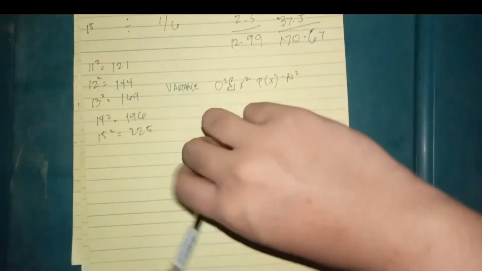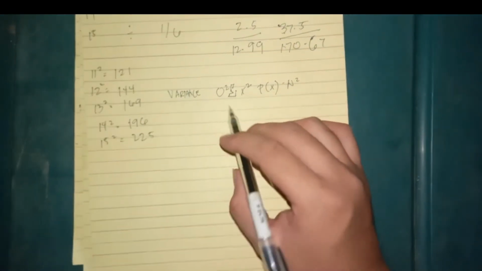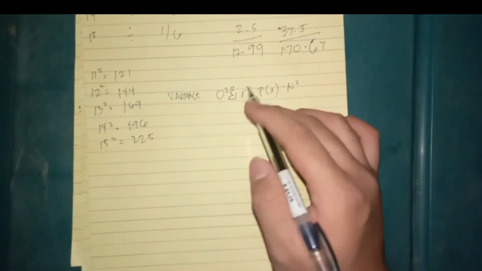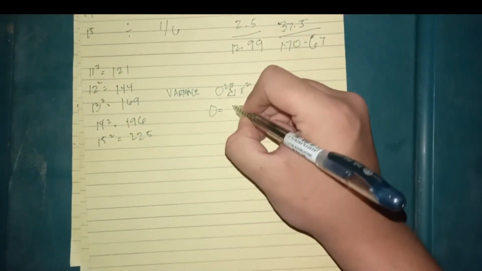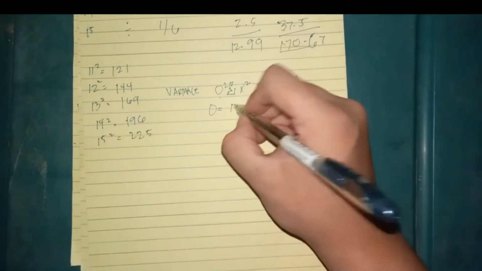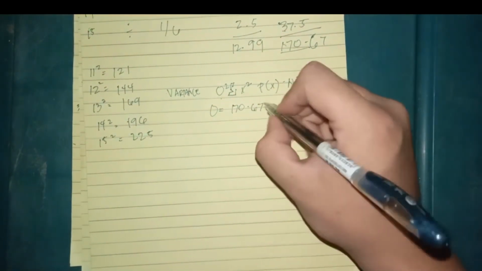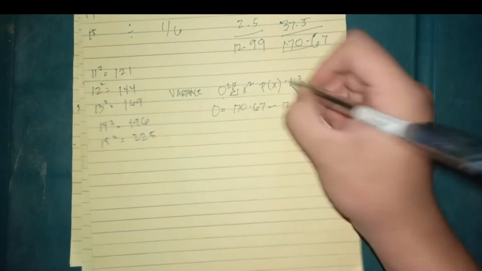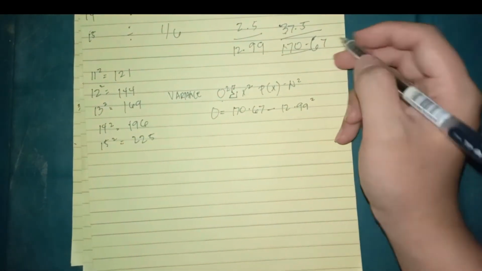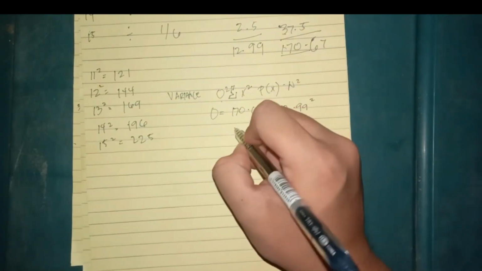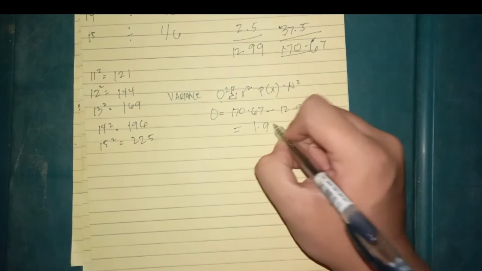The last step is to get the variance. Ito yung solution niya. Equals to dito 170.67 minus 12.99 squared. Minus po natin sila, equals to 1.93.